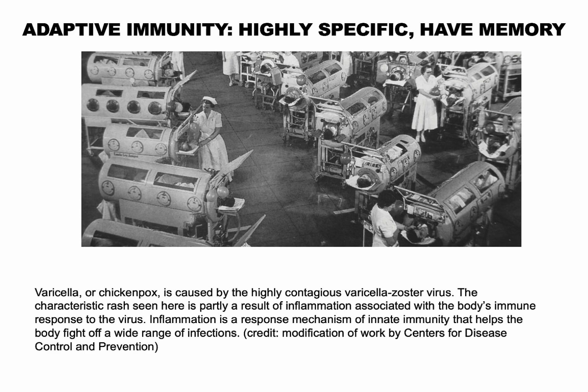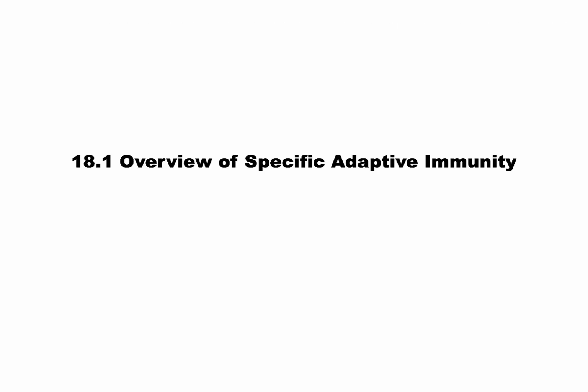Higher animals such as humans also possess an adaptive immune defense which is highly specific for individual microbial pathogens. This specific adaptive immunity is acquired through active infection or vaccination and serves as an important defense against pathogens that evade the defenses of innate immunity.